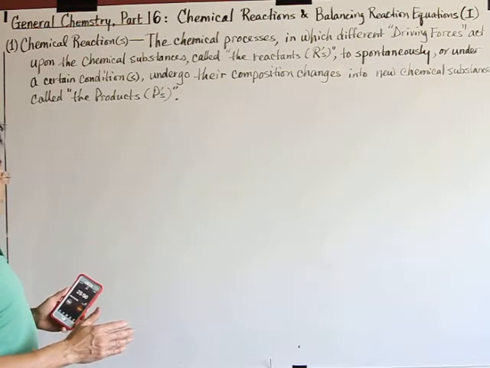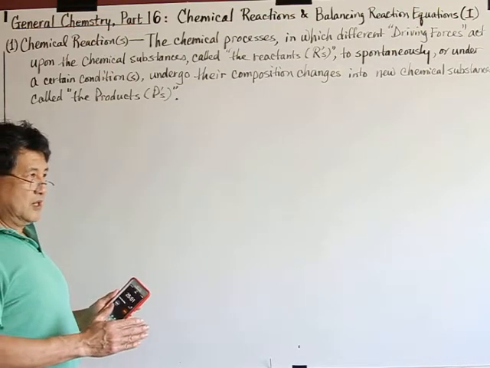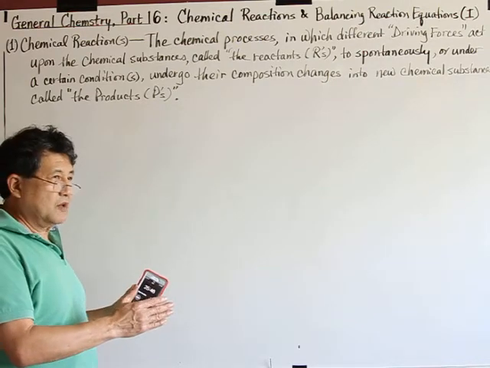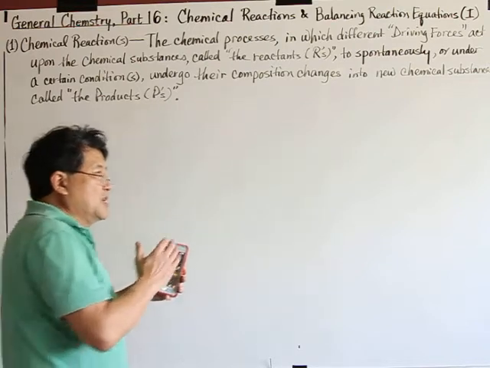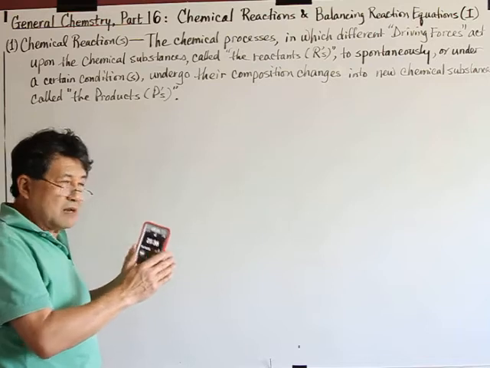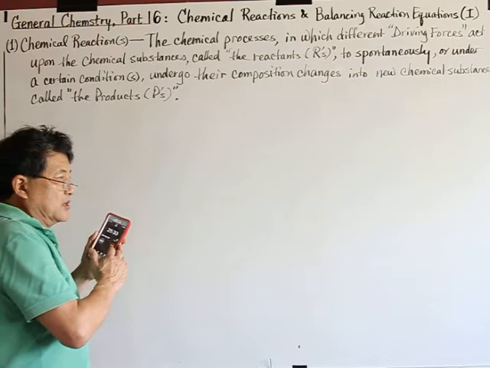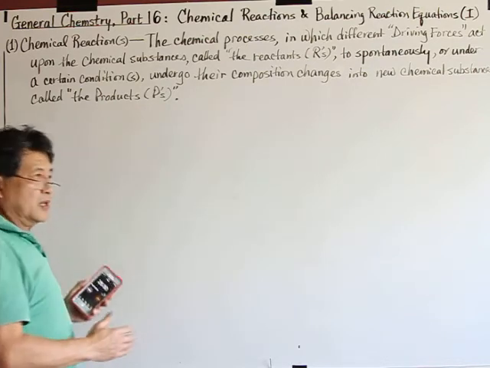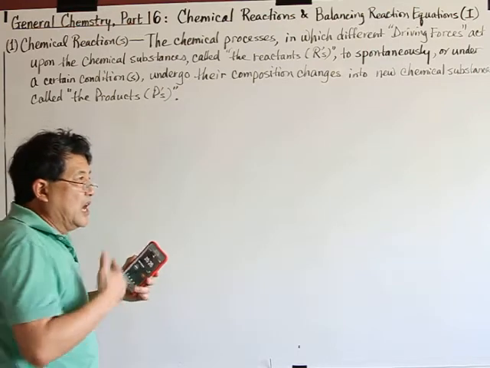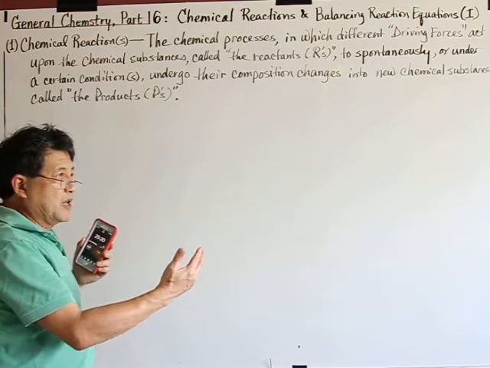So we talk about composition change. What does composition change mean? The atoms of the compounds are still there, but no longer combined with the same other atoms of different elements. They dissociate, separate in a solution, normally an aqueous solution, and then combine with other species, other cations, anions, or molecules, and become a new compound.